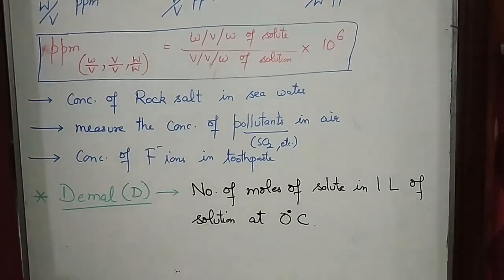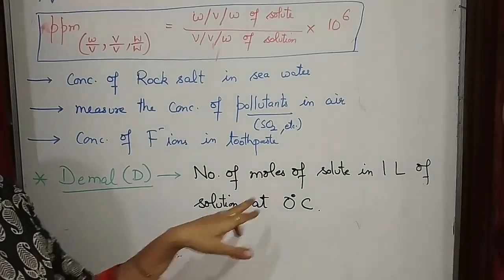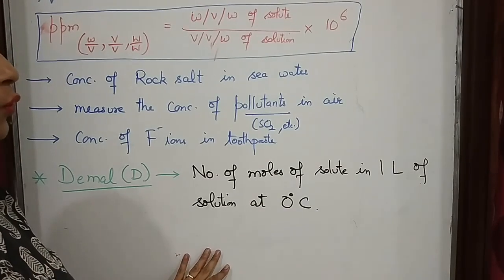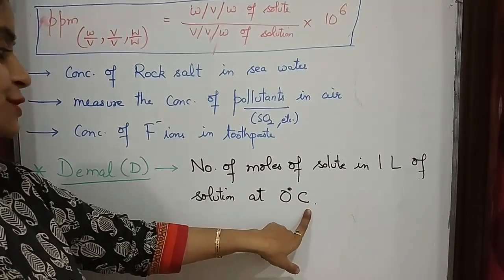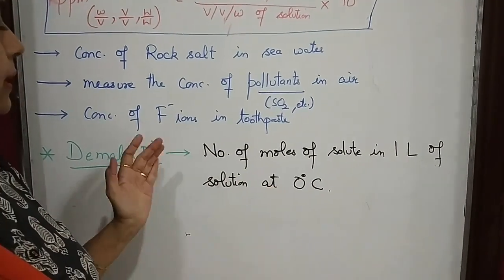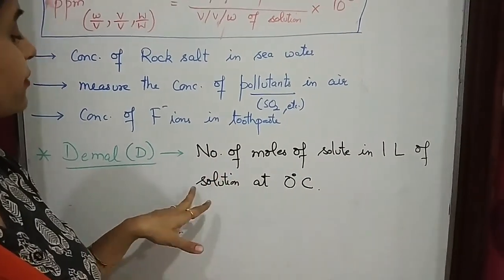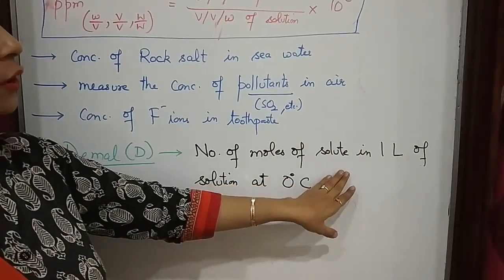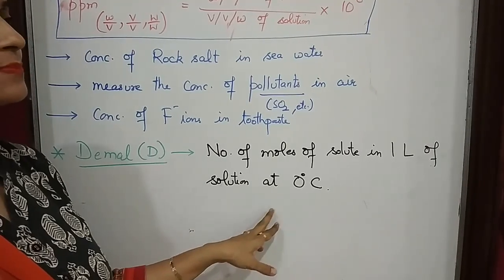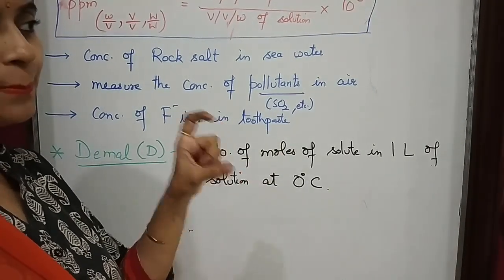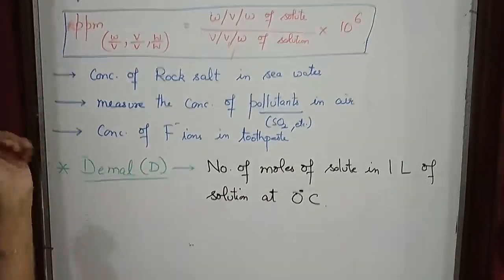Whenever we represent the molar concentration of solute at 0 degree Celsius, or whenever the number of moles of solute in 1 liter of solution is expressed at 0 degree Celsius, that particular term is known as dmol.